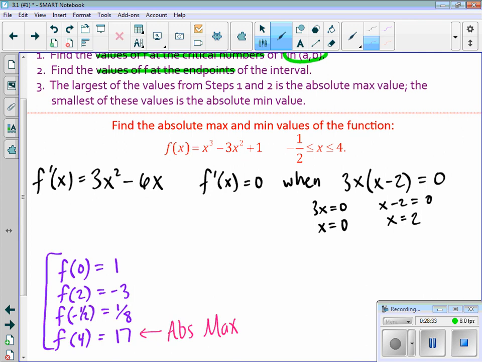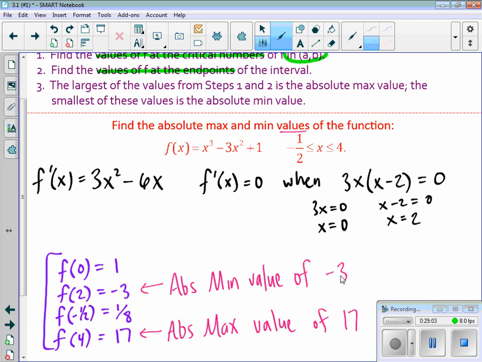And when we're doing closed interval method, we're only looking for absolute ones, okay? So absolute max, and the value is what it's asking for, so I'm just going to state it: absolute max value of 17. Okay, and then the min is this one, so again, absolute min value of negative 3.